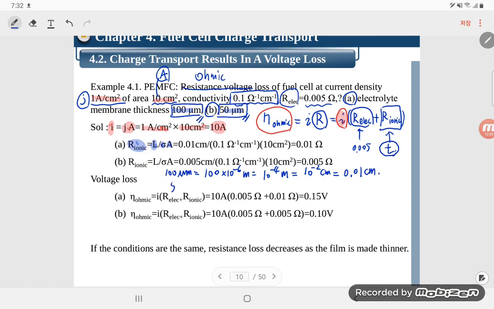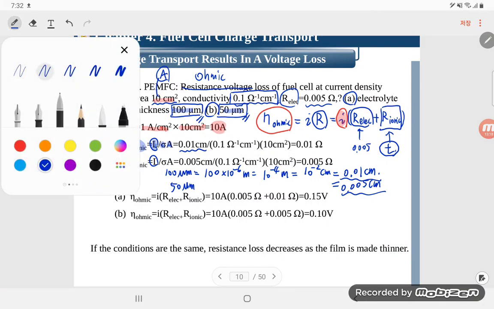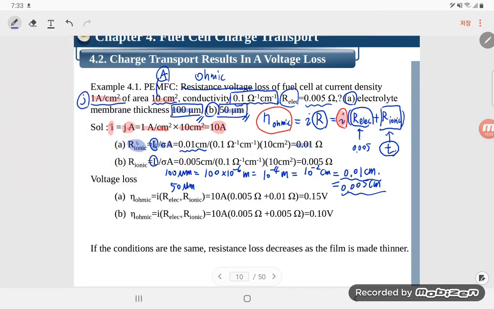And how about the 50 micrometer case? This is 0.005 centimeter. So if you insert this value into here, L, then we can calculate the ionic resistance: 0.01 ohm for the 100 micrometer thick membrane, and 0.005 ohm for the 50 micrometer thick membrane.